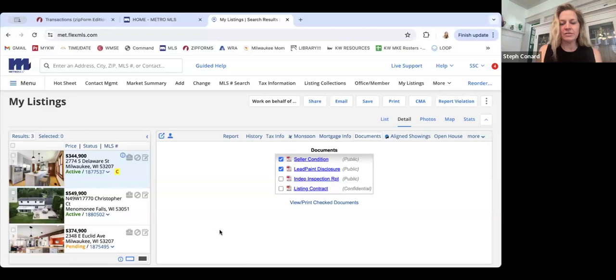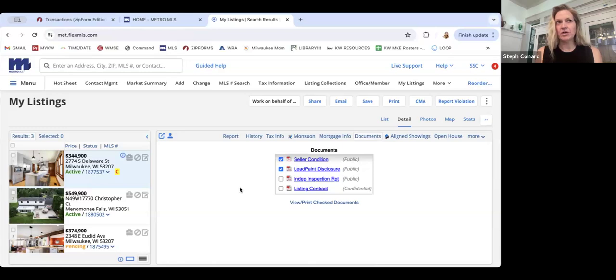Seller update lists, maybe paid invoices for work that was already done. I think a good tip here is anything that is found in the document section, whether or not it's actually included in the offer, like a real estate condition report or a lead-based paint addendum, I would go ahead and include in the offer to purchase and have the buyer acknowledge that they have received those items with an initial.